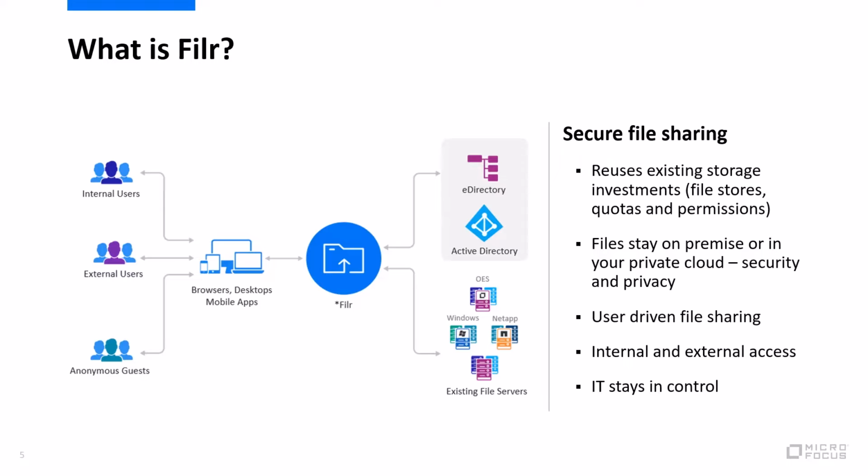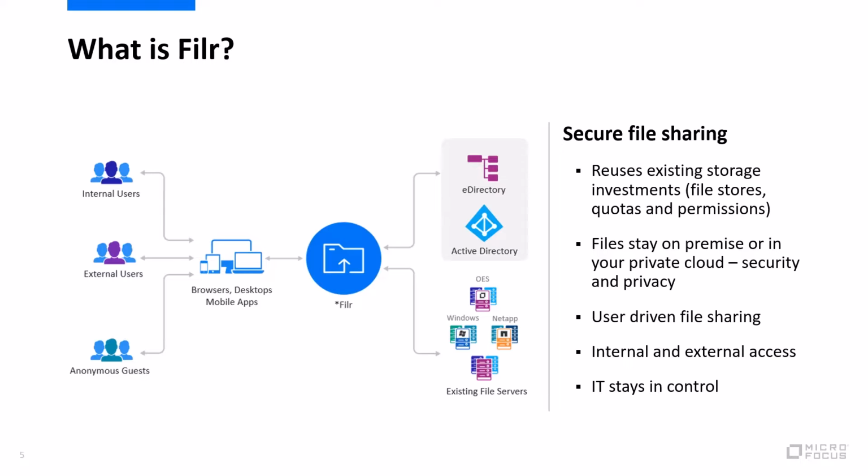And the great thing about this is that we reuse your existing storage. You're not going to have to move terabytes from your existing storage to a cloud-based solution, for instance. And because we're using that existing storage, all your existing permissions and access controls that you've got set up on those files are still active within the Filr solution. And also your quotas, if you've got quotas set for your users.